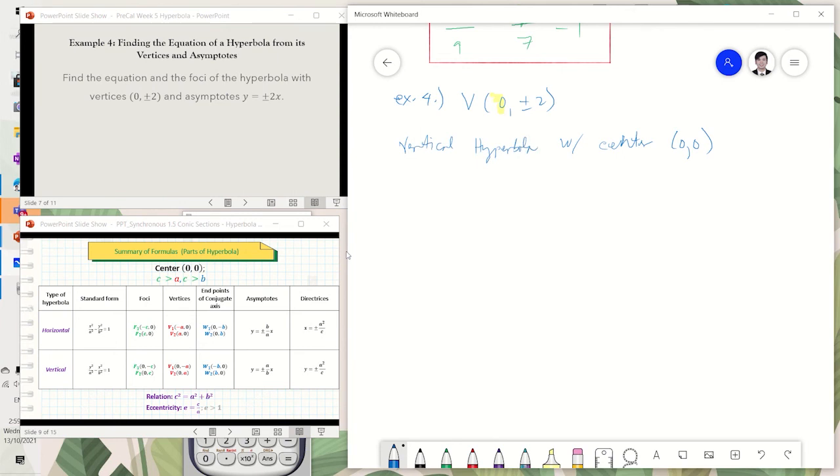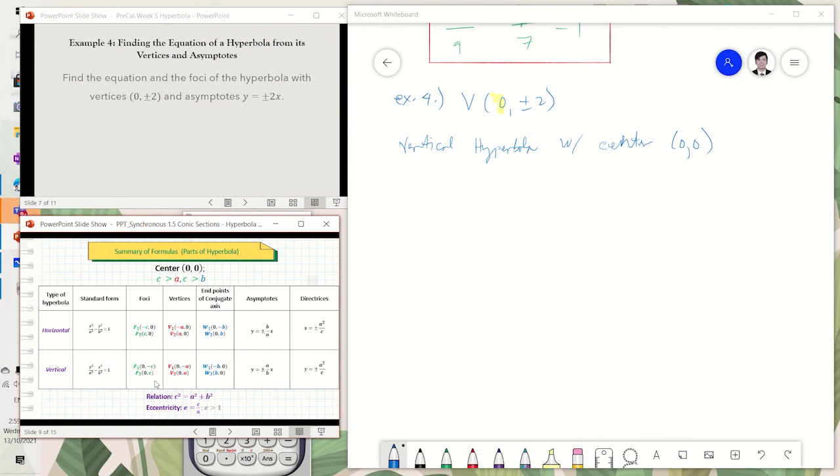Okay, so now we're looking for the equation. We still need the A, the B, and the center, but we know the center already, and it's 0, 0. So we can focus our attention here. So vertical hyperbola with center at the origin or 0, 0.